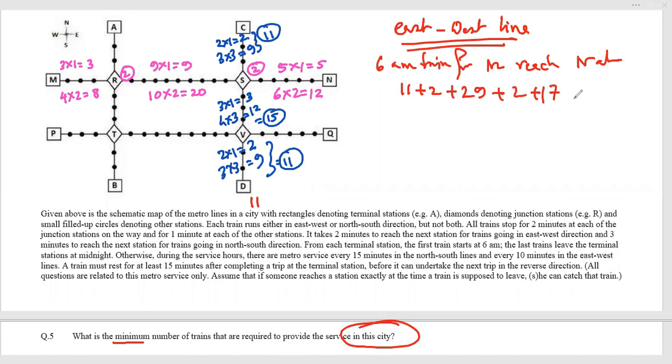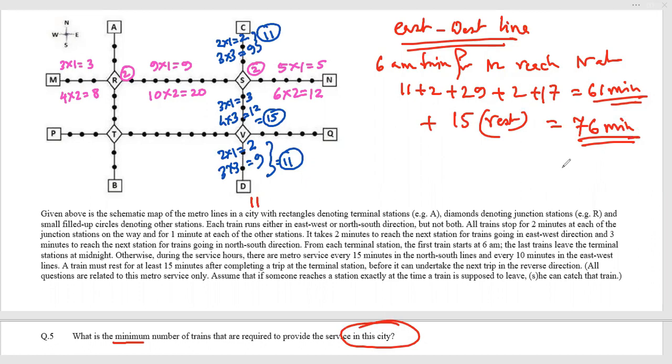So it is actually 61 minutes required. A 6 a.m. train from M reaches N 61 minutes after. I need to add 15 minutes of rest time. So it should be nothing but 76 minutes.